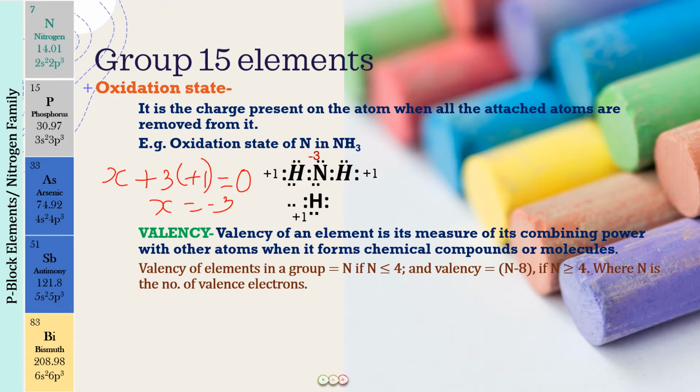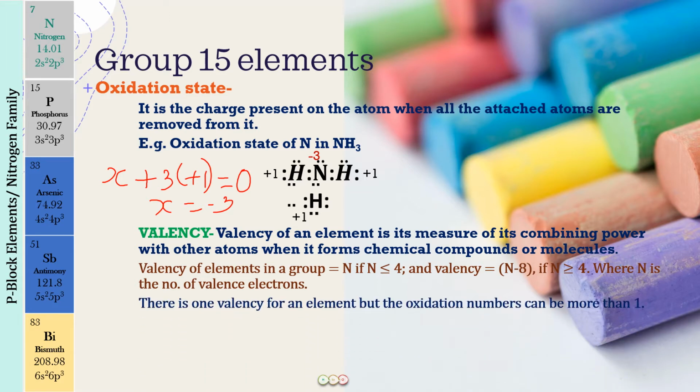So why did we give it two names? We gave it two names because the valency of an element is always a single valency. As you see, for nitrogen, the valency is -3. But when we talk about oxidation numbers, they can be more than one.